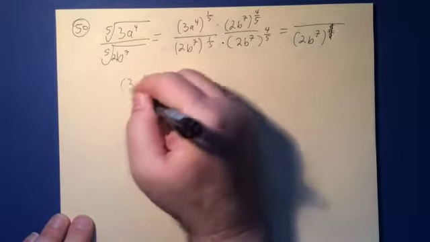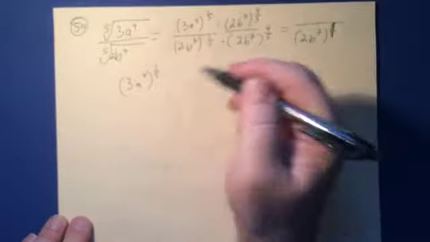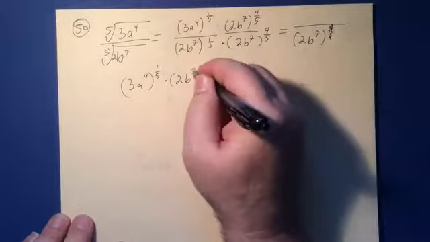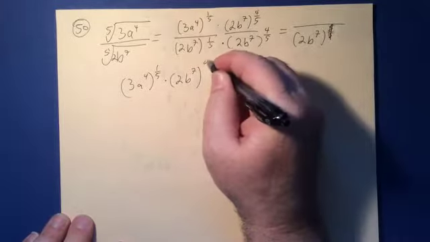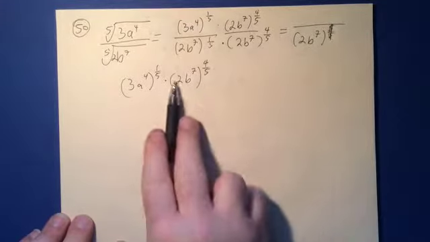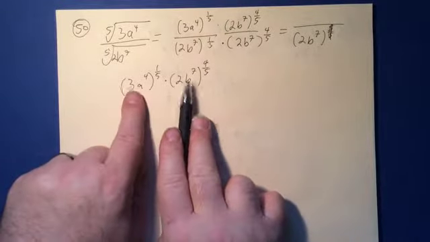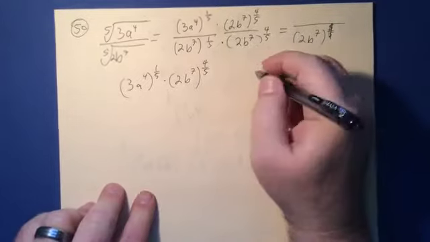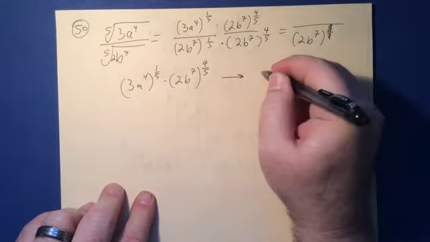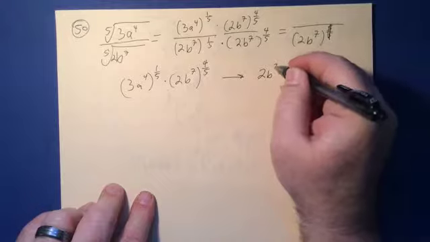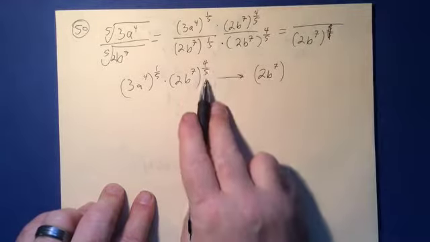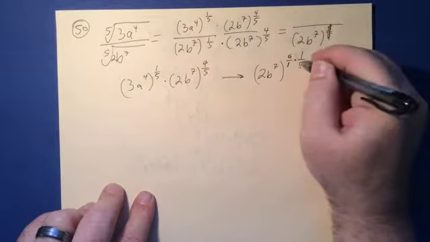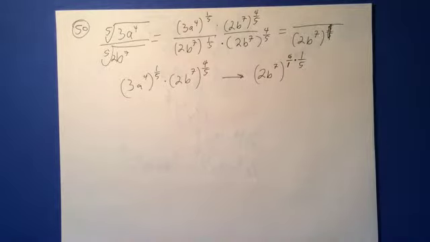3a to the fourth to the 1/5 times 2b to the seventh to the 4/5. I want to get this to have an exponent of 1/5 so I can multiply what's inside these. So I'm going to write out 2b to the seventh, and instead of 4 over 5, now I'm going to write it as 4 over 1 times 1 over 5.